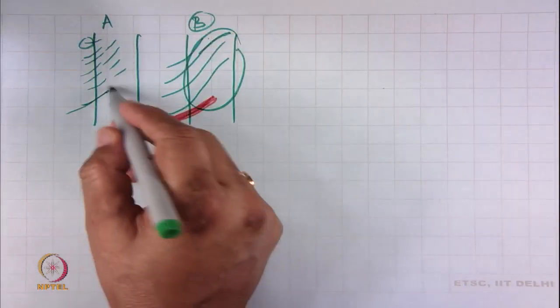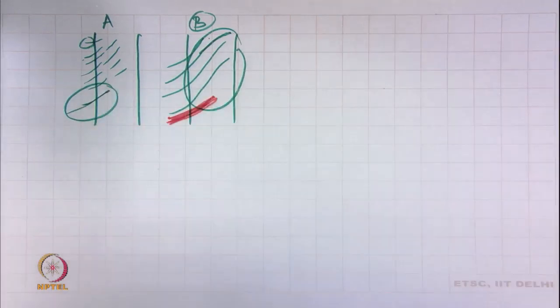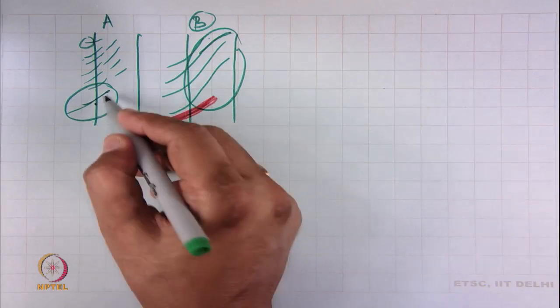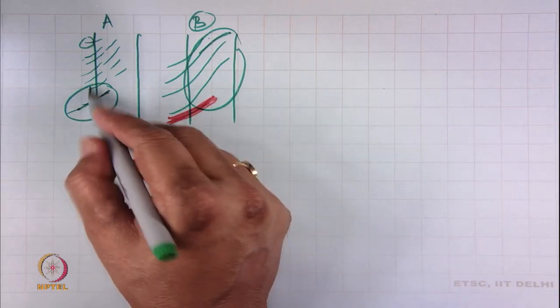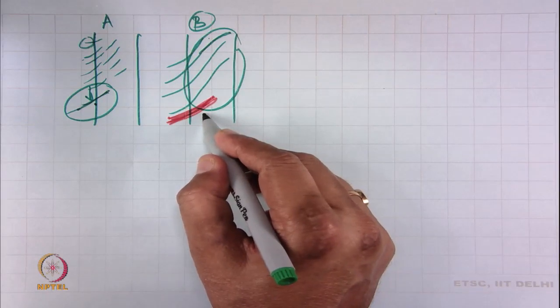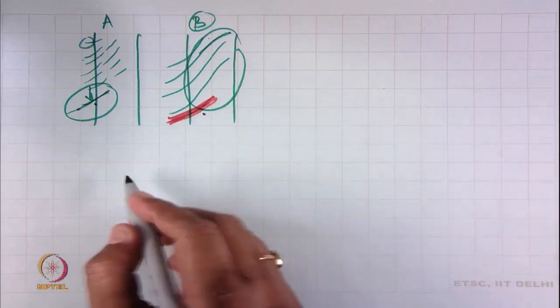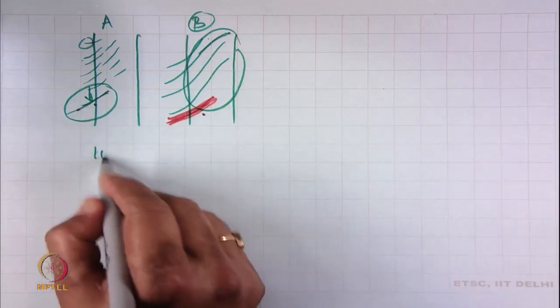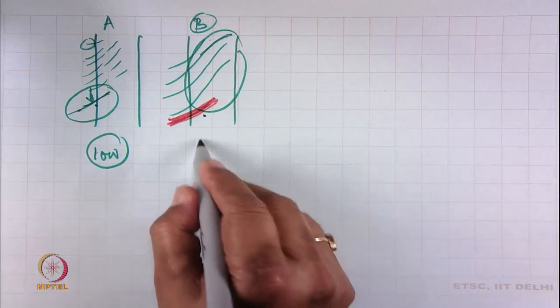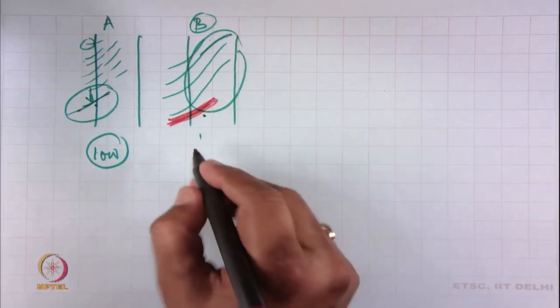Now, fine fiber during rubbing will immediately break, because of its low strength, but coarse fiber will not break easily. So, that means the fine fiber will have low abrasion resistance and coarse fiber will have high abrasion resistance.